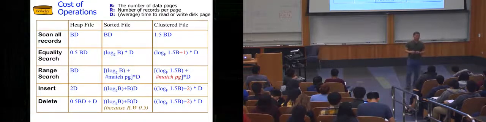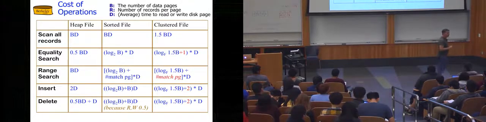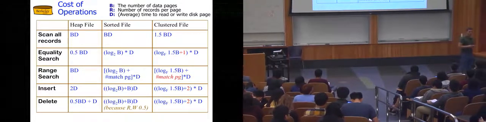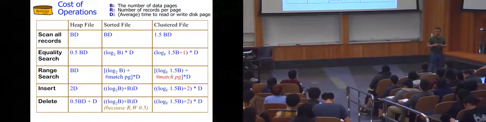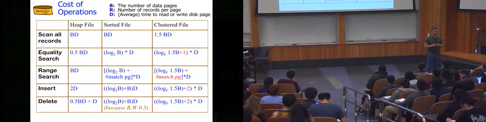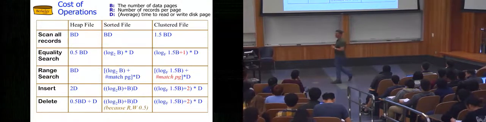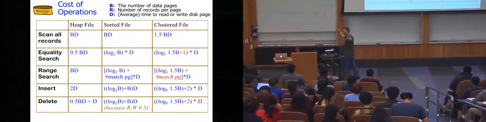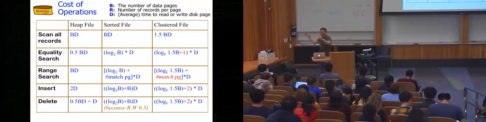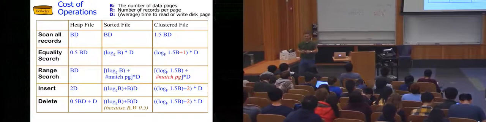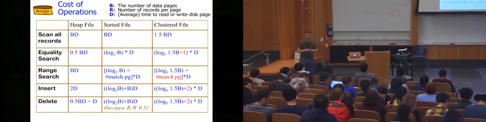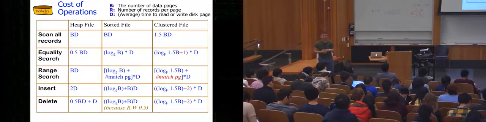Where'd that extra 50% come from? This is one of those have-you-been-listening-carefully questions. What did I just say one slide ago about how full this thing is? It's 2/3 full each page on average, right? Which means that the whole file is about 50% bigger than a packed file. That's why it takes 1.5 BD to scan it, because each page is only 2/3 full.